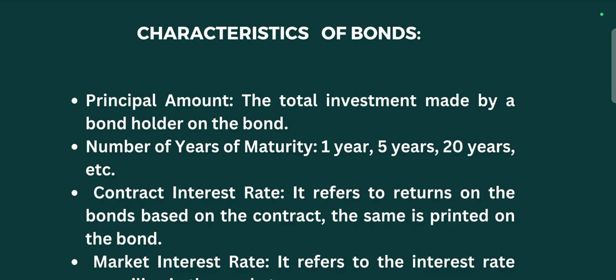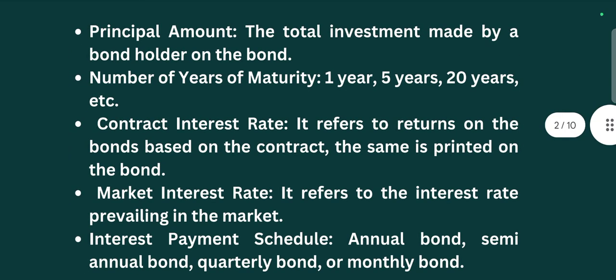Principal amount: the total investment made by a bondholder on the bond. Number of years of maturity: 1 year, 5 years or 20 years, etc. Contract interest rate: it refers to the return on the bond based on the contract.